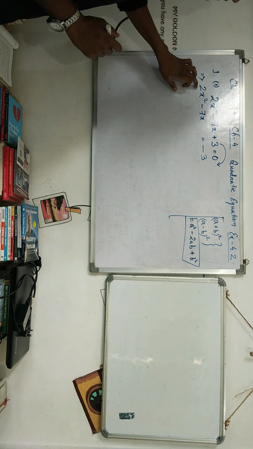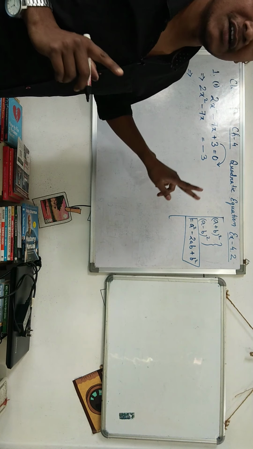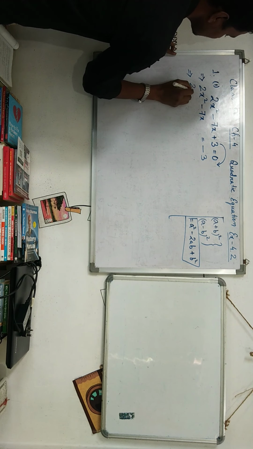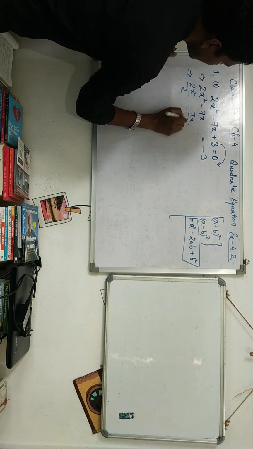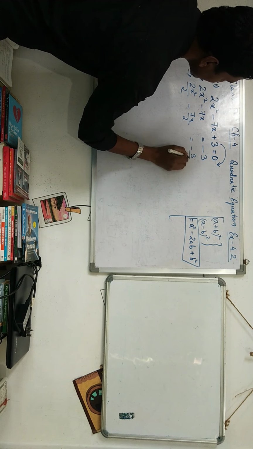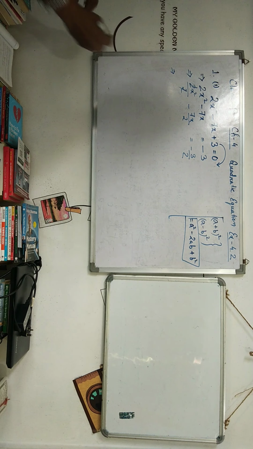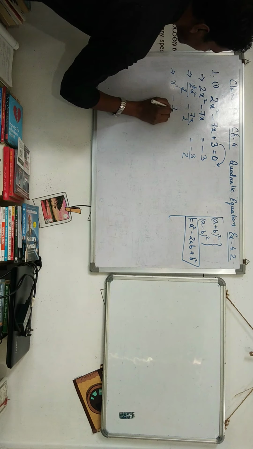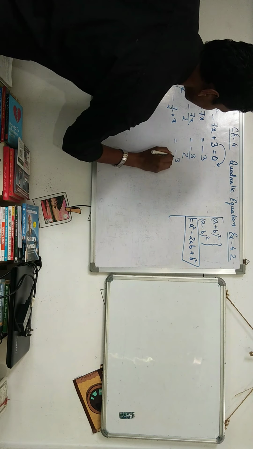So we divide the whole equation by 2. Twice x square divided by 2 minus 7x divided by 2 is equal to minus 3 by 2. The 2 and 2 cancel, so it is simply x square minus 7 by 2 into x is equal to minus 3 by 2.